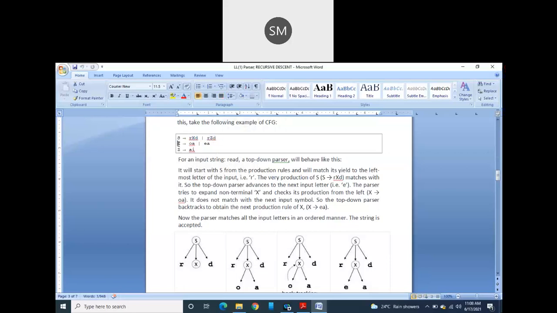If you look into the next productions, this r is already matched, remember. Your task is completed. Now the next task is to keep on matching e, a, d, the next characters in your input. Now already r is matched. You can take this one or you can take this one, no problem.